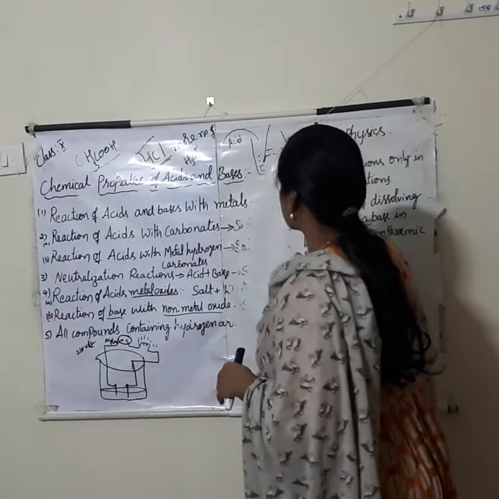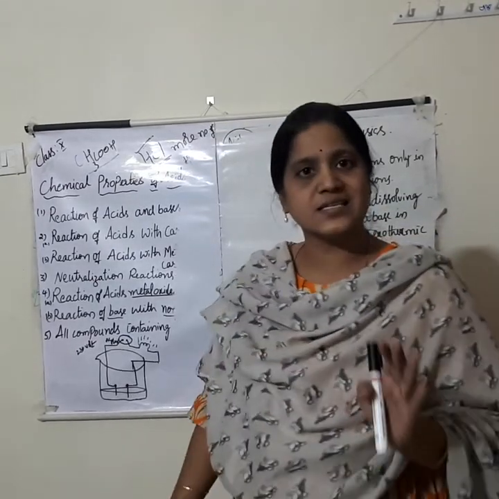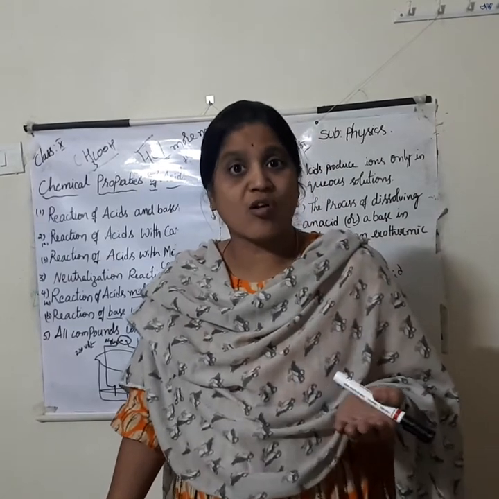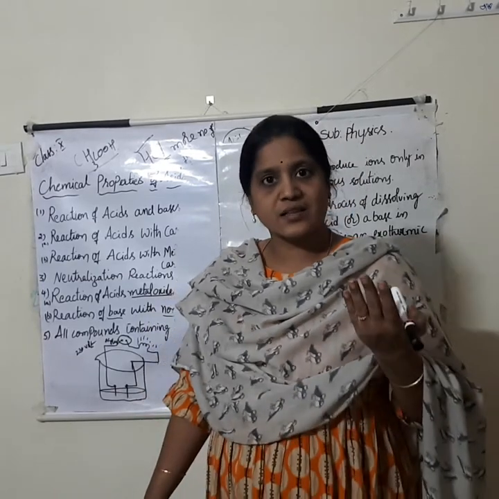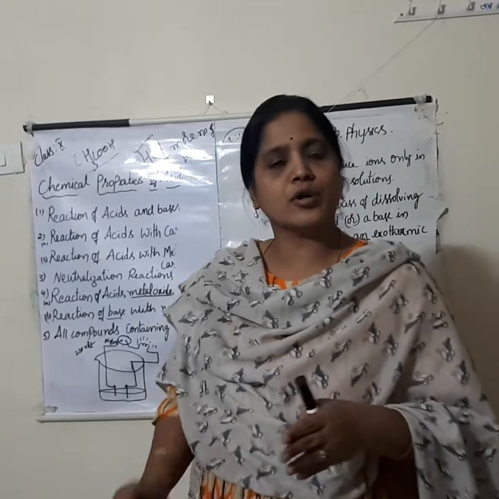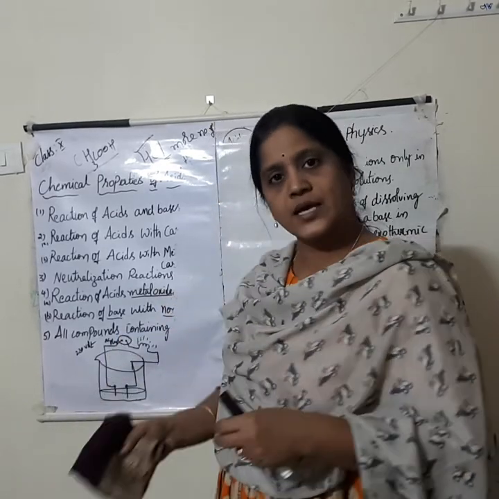What is the pH scale? The pH scale is nothing but a way to find out the concentration of ions in the given solution, meaning whether the concentration is more or less. To find this out, we use a scale, and that scale is known as the pH scale.